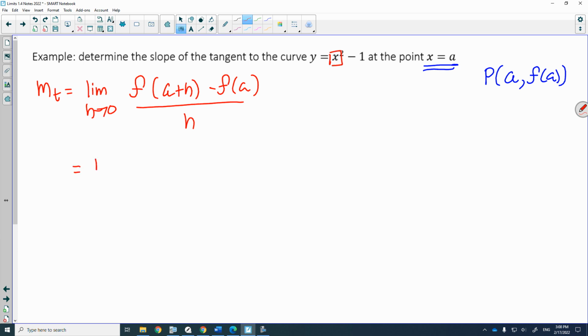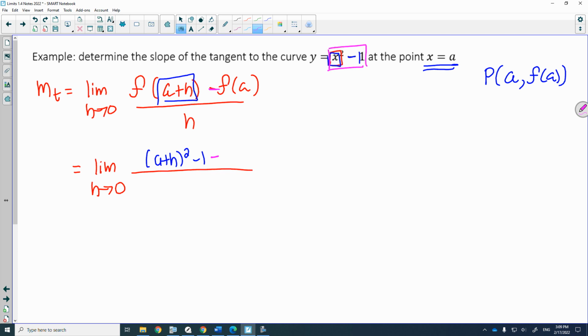So this is going to be the limit as h approaches 0. So the f of a plus h would be a plus h squared minus 1, minus the f of a. So what was the function? This was our function.